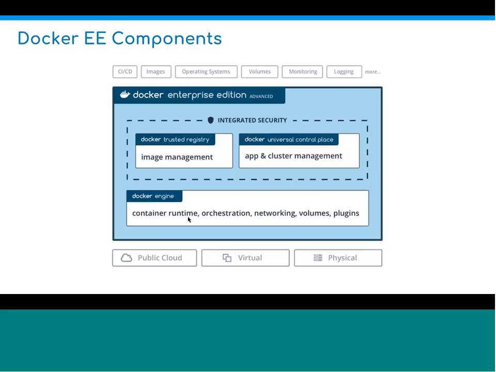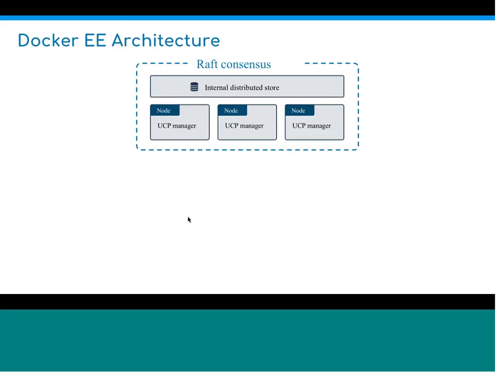So it is installed software, and how it works is to get that management stack, you would have at least 3 manager nodes. These are so that you have some high availability in your management stack.